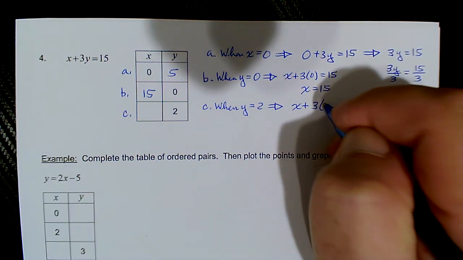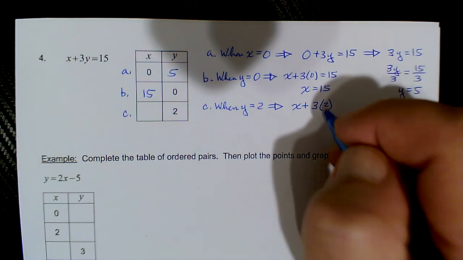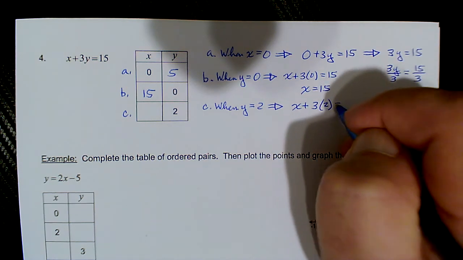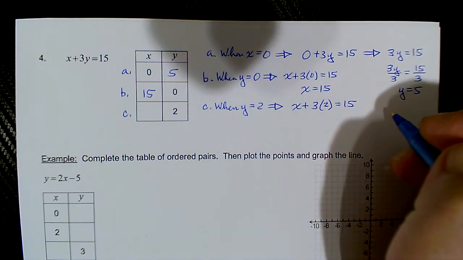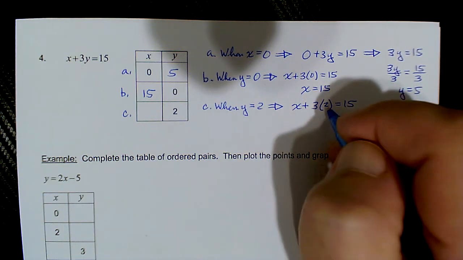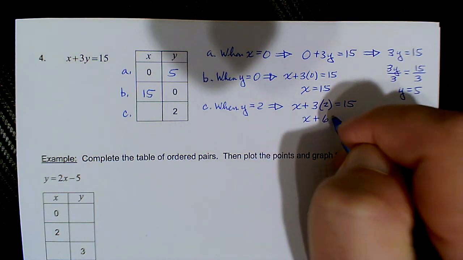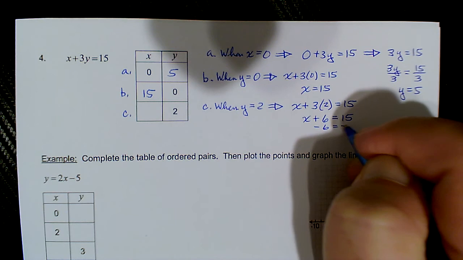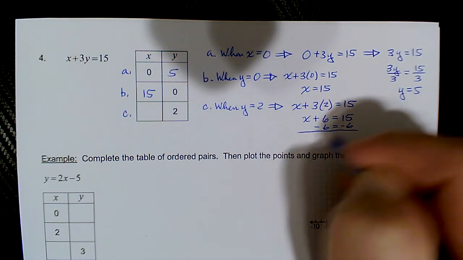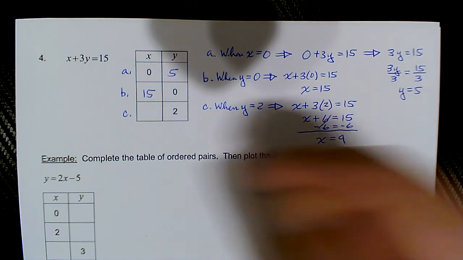So 3 is being multiplied by y, replace y by 2, put it in parentheses, a multiplication symbol works as well. Recopy it, equals 15. And then solve for x. We'll first multiply 3 times 2, carry down the x, plus 3 times 2 is 6, is 15. And then subtract 6 from both sides, and we get that x is 9.